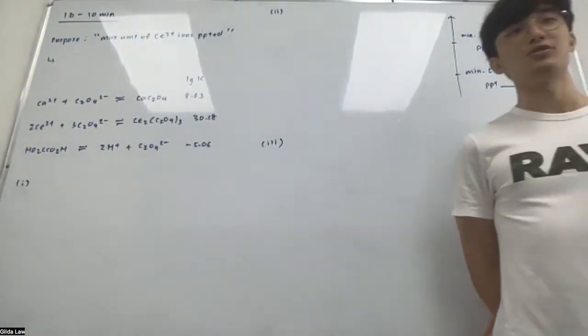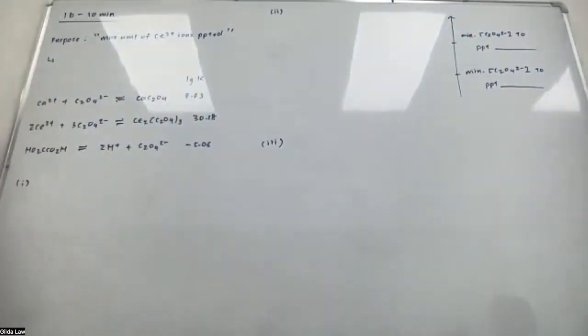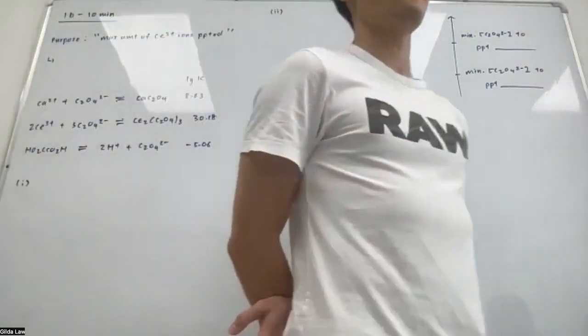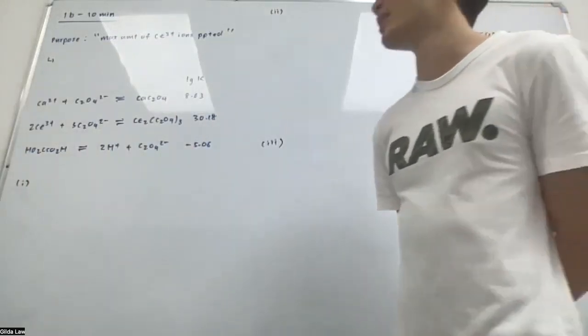I repeat for part 3, since most of you are there now: just find the 2 things that they want you to find, and you can work out the answer. We've got 1.5 minutes left.